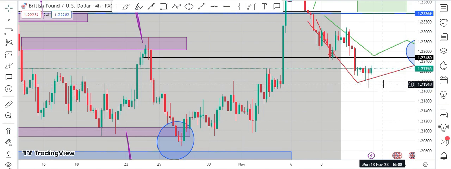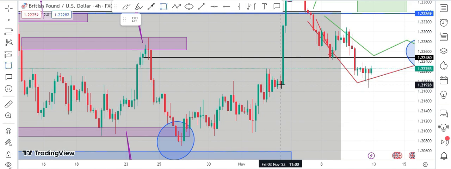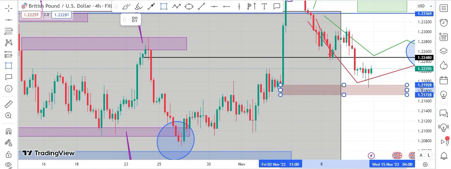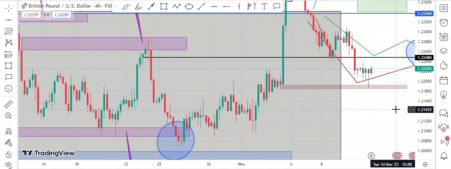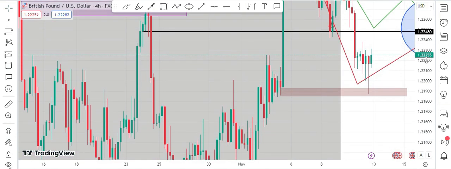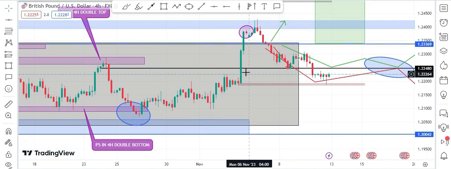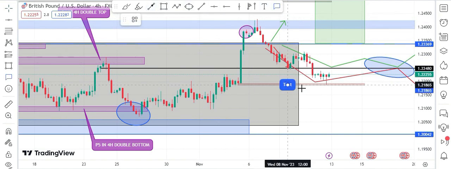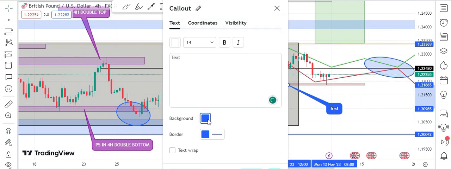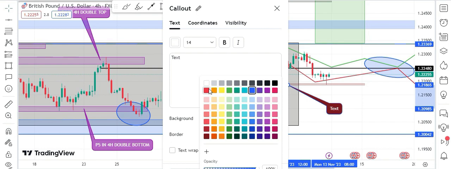So if we draw this one, this one, this is our pattern 7, we can say. So let's mark it P7 in the 4 hour time frame.